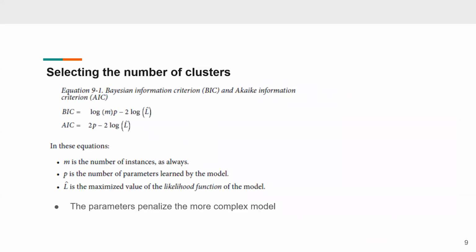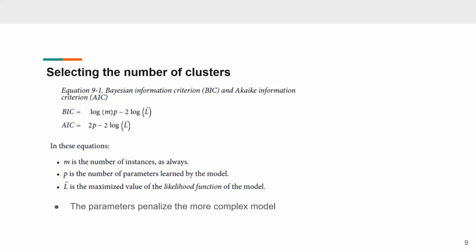Here, same thing. You need to figure out what would be the proper number of clusters. The two metrics that you use are called BIC and AIC. If you look at the functional form of BIC and AIC, they are actually somewhat connected. They have a specific relationship that we didn't discuss, but just keep in mind that they're essentially the same thing. So in these equations, you look at all the parameters.